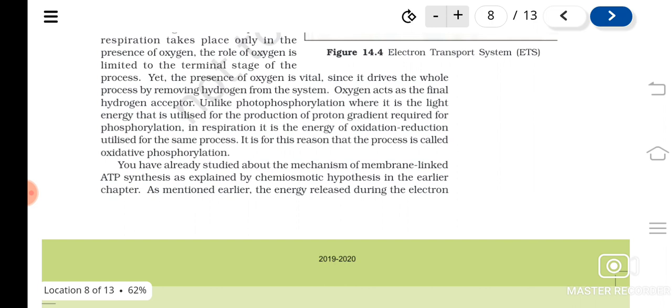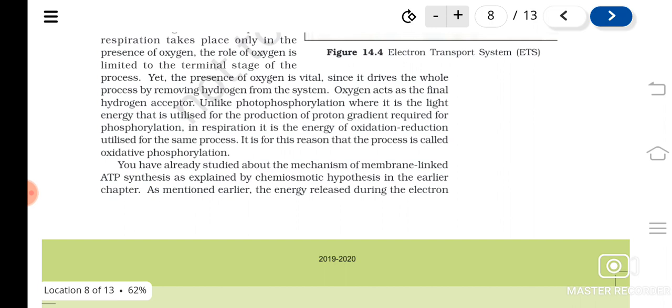And here in respiration, the energy of the oxidation reduction is used for creating the proton gradient. This is the reason it is also known as oxidative phosphorylation.